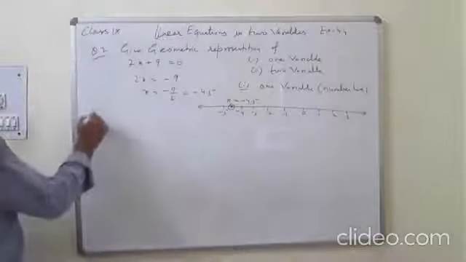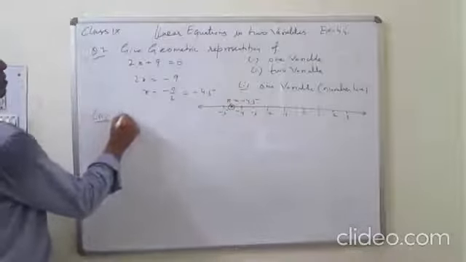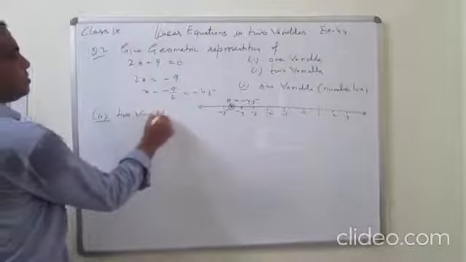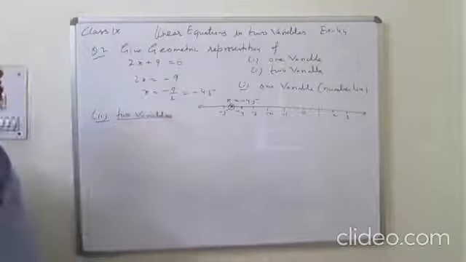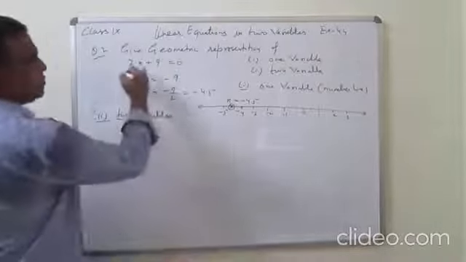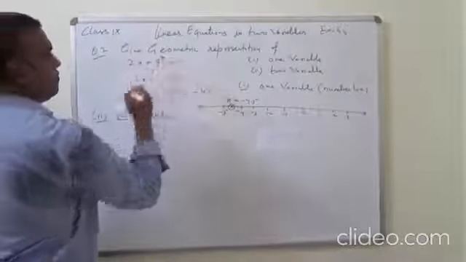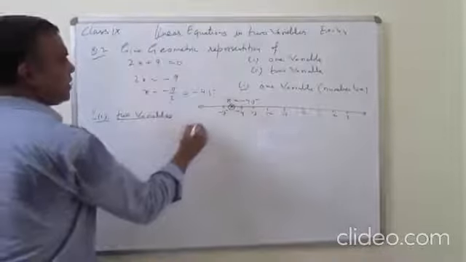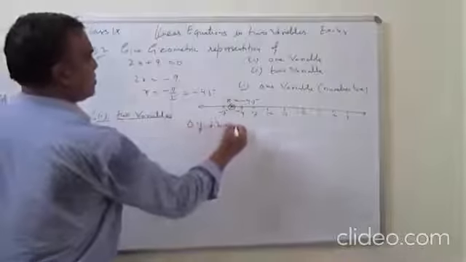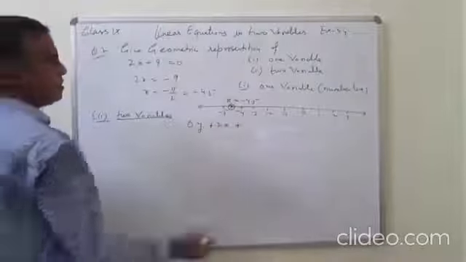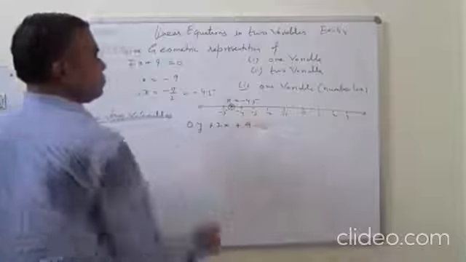Now in two variables. In two variables we first write in the form of ax plus by plus c, so we can write 0y plus 2x plus 9 is equal to 0.